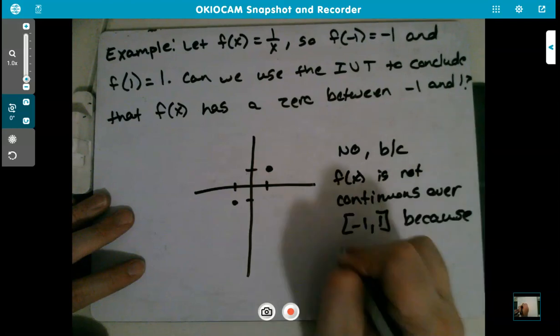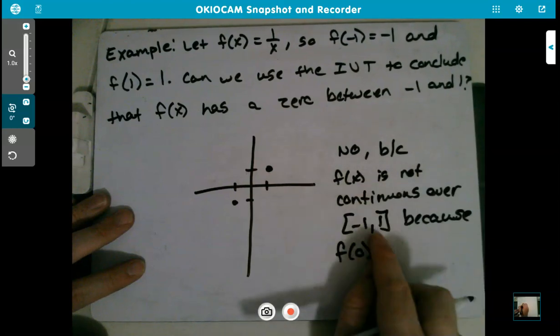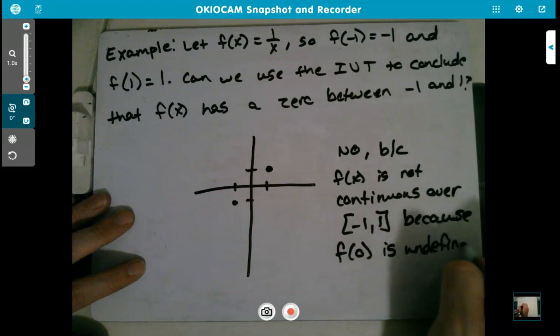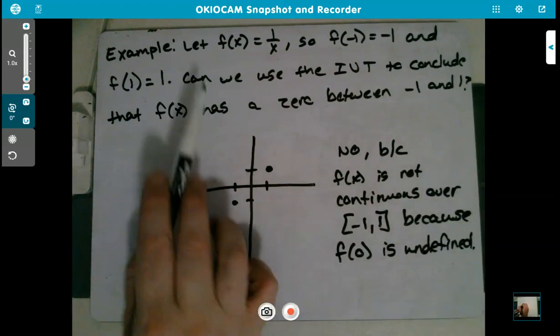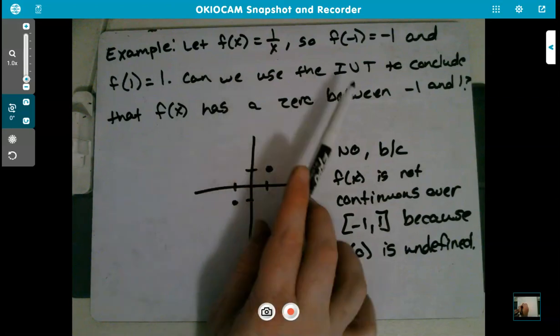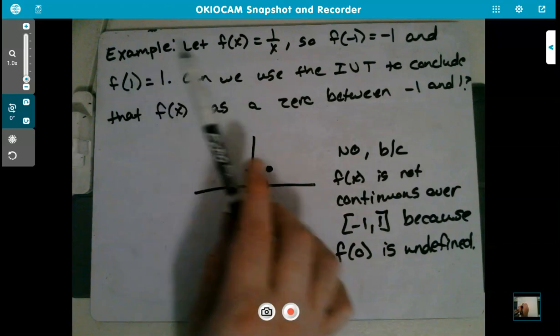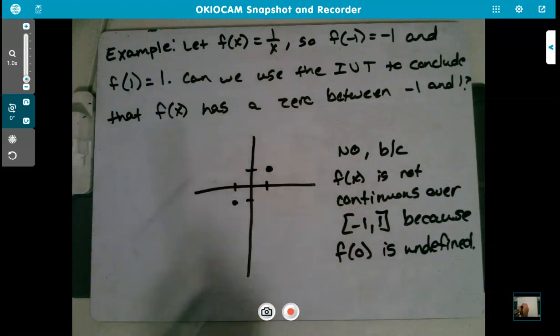And I know that because f of 0 is between them, and it is undefined. So make sure you really read everything, and I can see here I cannot use this because f of x is not continuous at every point.